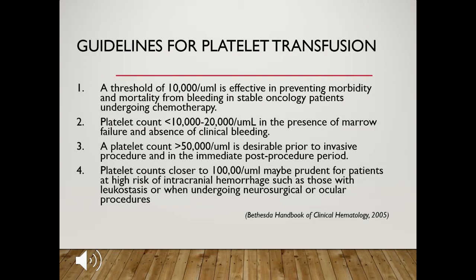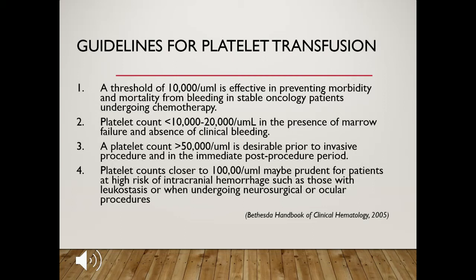It's a myelosuppressive agent. So, we expect that platelet would be decreased in the nadir stage. Kailan tayo magsasalin, di ba? So, nakalagay dito that if the platelet count is 10 and there's no bleeding, then you may not transfuse platelet. But if it's less than 10, you can do prophylactic transfusion of platelets.